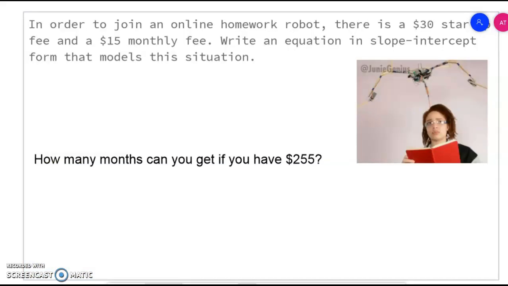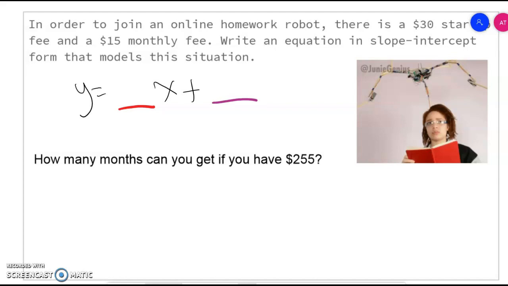In order to join an online homework robot, there is a $30 start fee and a $15 monthly fee. Wow, that's really nice. We're going to write an equation in slope-intercept form that models this situation. So I know that it has to be y equals something x plus something else. I know my slope is going to go here, and I know my y-intercept is going to go there.